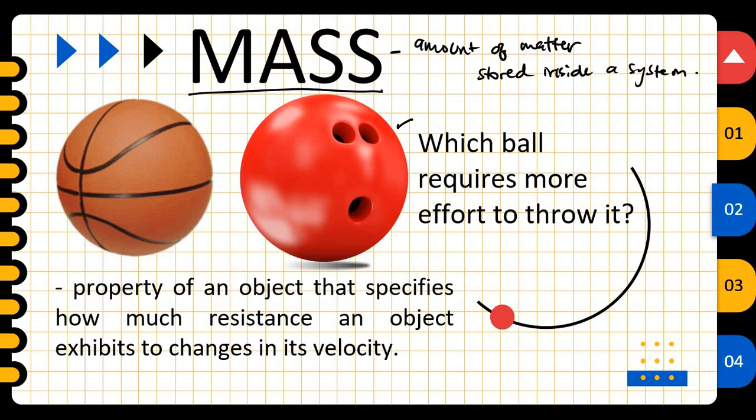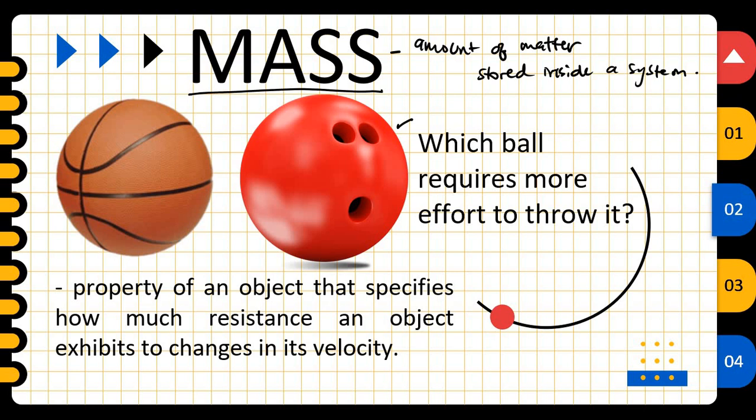And if a more massive object is actually moving, it would be hard for us to change its velocity or to stop it per se. Alright, so that's the concept of mass in physics. It's a property that specifies how much resistance an object exhibits to changes in its velocity.